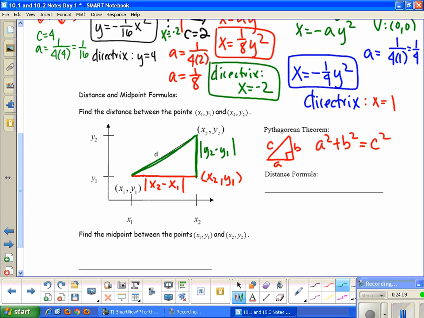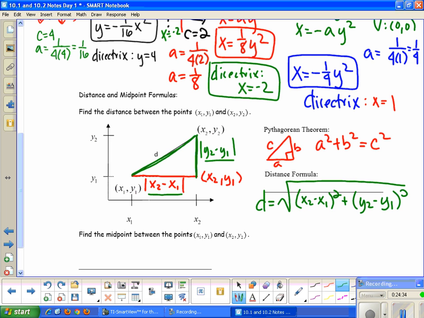So d squared would be equal to this length squared plus this length squared, and then I can take the square root of that. So the distance formula that we actually use is d equals the square root of (x2 minus x1) squared plus (y2 minus y1) squared, and the square takes care of the fact that it has to be a positive distance.